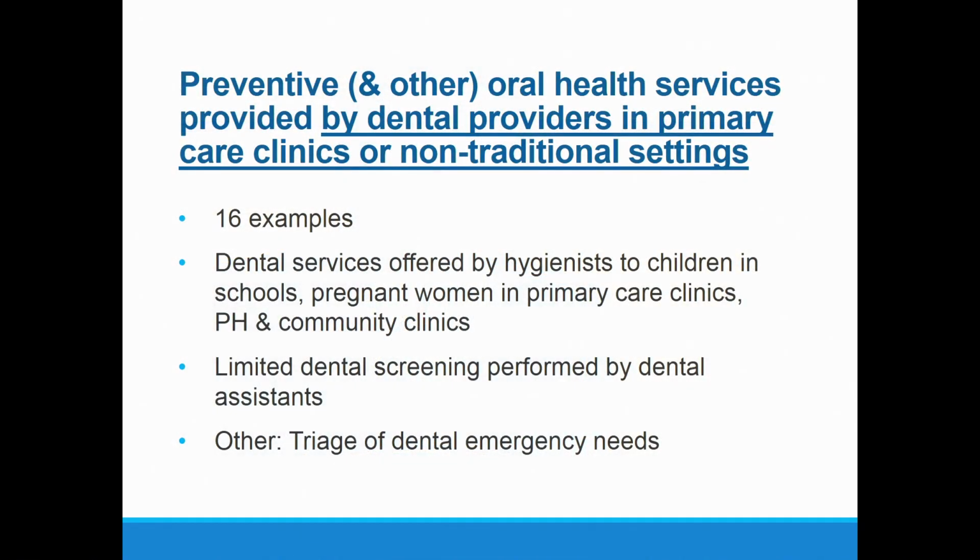Okay. If we move on to preventive oral health services provided by dental providers in primary care clinics or non-traditional settings, there were 16 examples. The dental services were generally offered by hygienists who had been integrated into a medical clinic, and they were offered to children and to pregnant women.